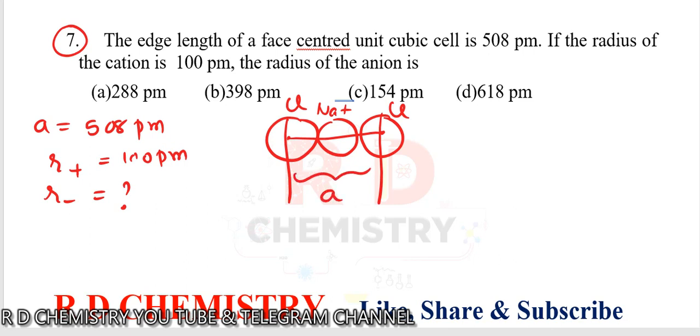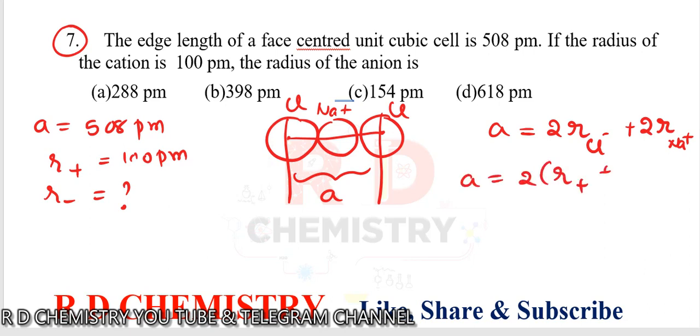For an ionic FCC lattice, this a is actually made up of 2 times the radius of the chloride plus 2 times the radius of the sodium ion. Therefore I can write a is equal to 2 times the radius of the cation plus the radius of the anion. Therefore, radius of the cation plus radius of the anion is equal to a by 2. Edge length 508 divided by 2 is 254.